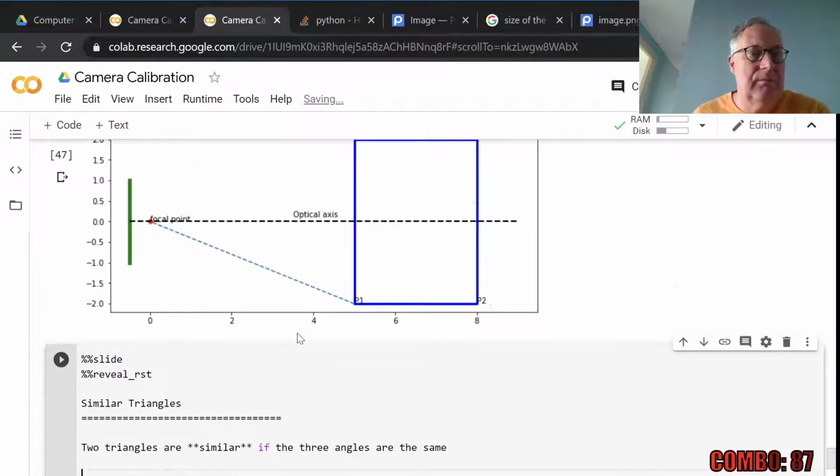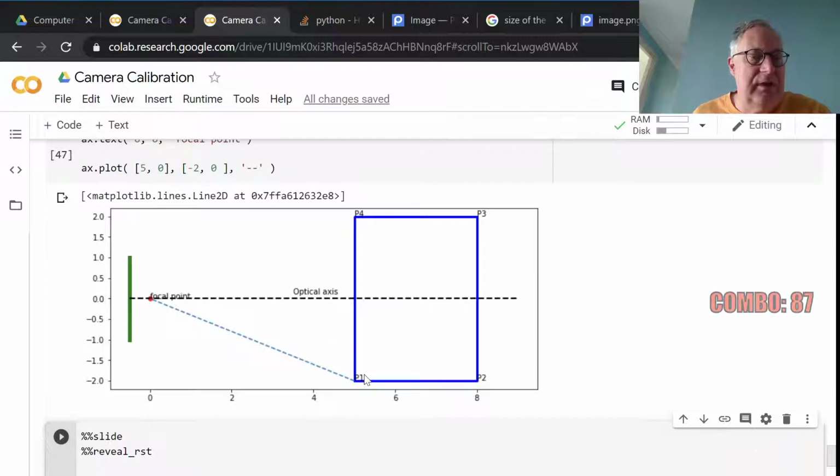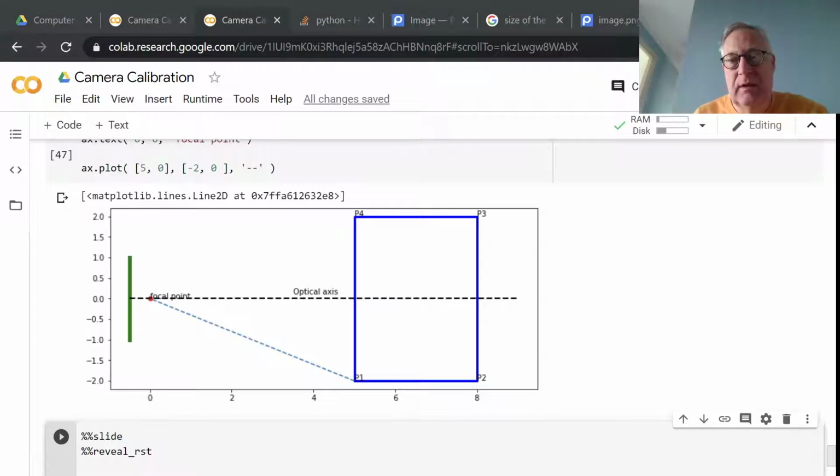Now in this figure it's easy to see why those two triangles will be similar, because this angle and this angle here are going to be the same, right? There are two angles of a line intersection, so this angle must be the same as this angle.